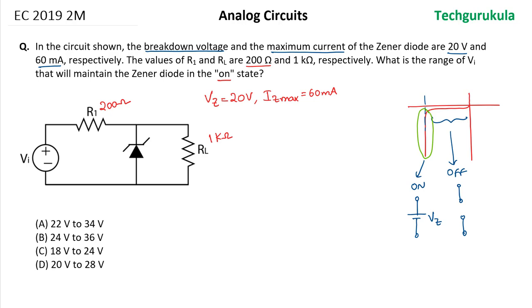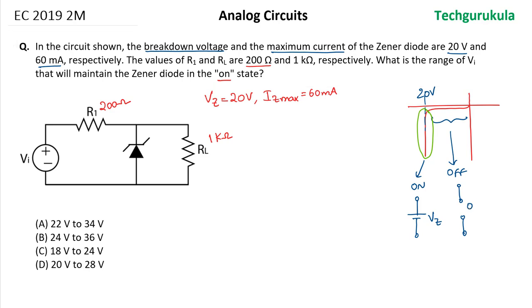So when the Zener diode is in the off state, as it is an open circuit, till the voltage across the Zener diode becomes 20 volts, which is the breakdown voltage, the Zener diode would be open circuit. As Vin keeps increasing, we hit a point of Vin such that we come to a point of 20 volts. Till that point, the Zener diode is open circuit.